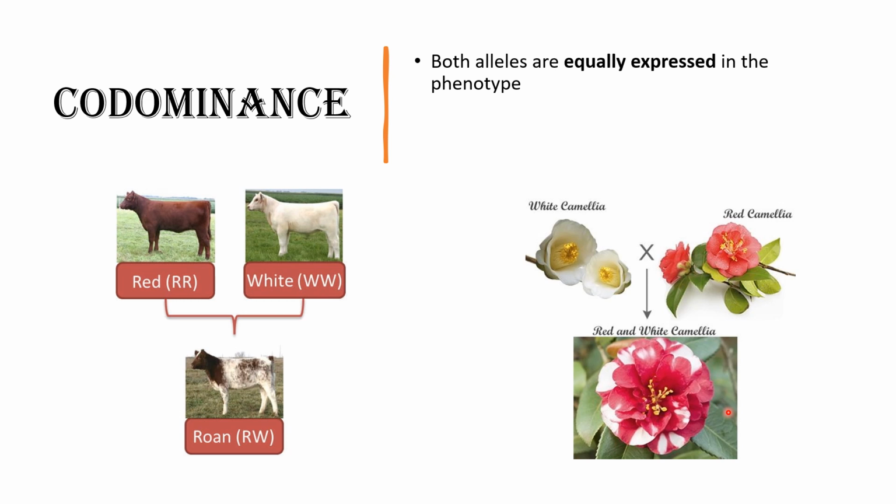You will identify codominance by both alleles being equally expressed in the phenotype, and you will identify incomplete dominance by none of the alleles being expressed in the phenotype, but the phenotype is just an intermediate of the alleles in the genotype.